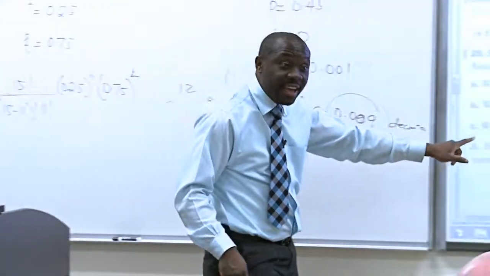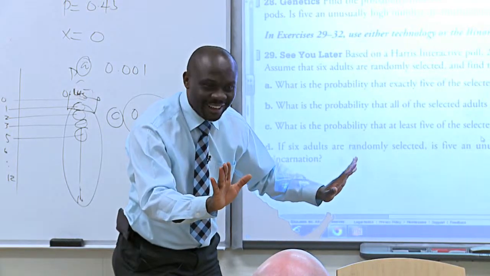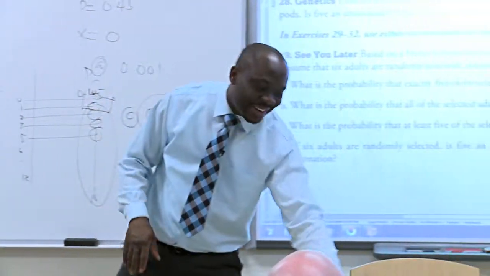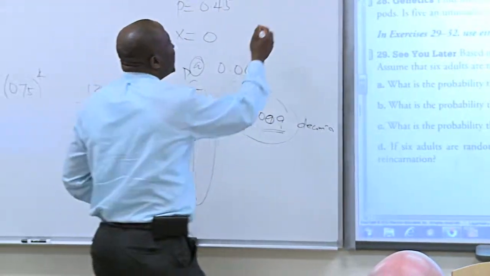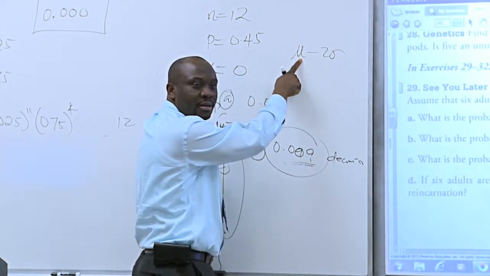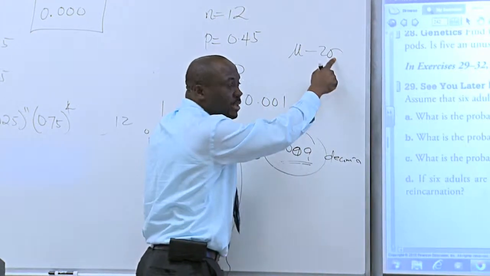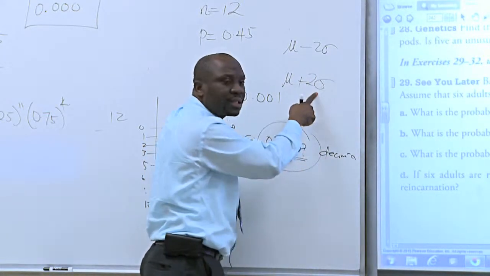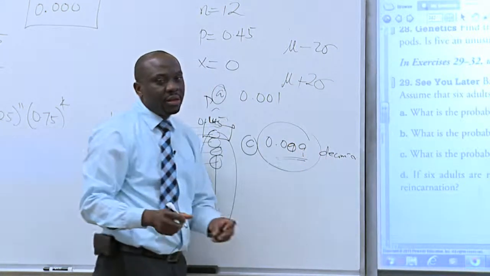Unusually high is given by a formula. I haven't taught you anything like that in this class, but it's given by this. You remember this? The mu, sigma. Then you can use that.